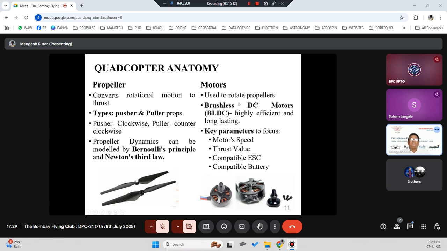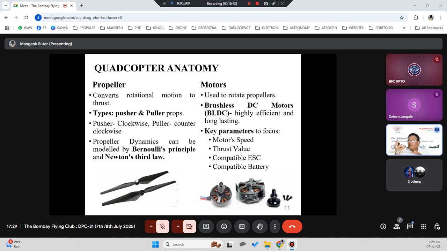Similarly, motors are used to rotate the propellers. Brushless DC motors are highly efficient and long lasting. Drones became more famous because of these brushless DC motors, because prior to that people were using normal DC motors. Normal DC motors are not efficient because of the friction from the carbon brushes that touch, they used to wear out, and they do not give as much speed as the brushless DC motor.